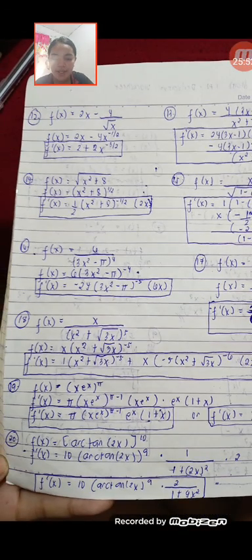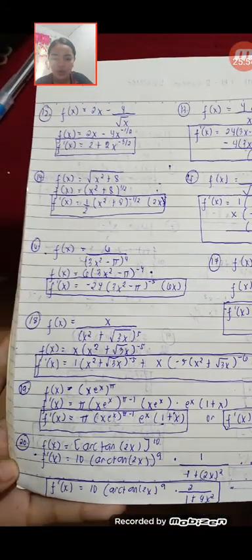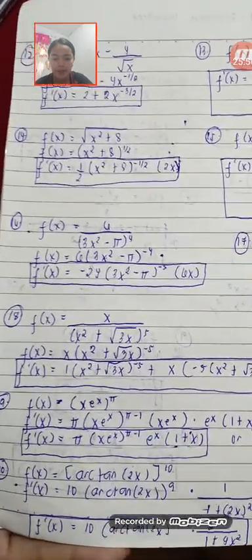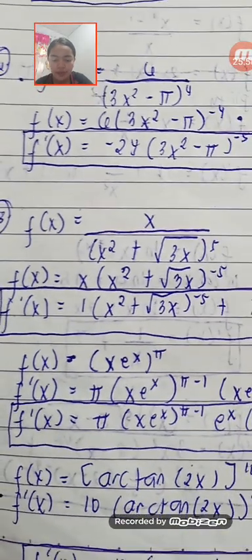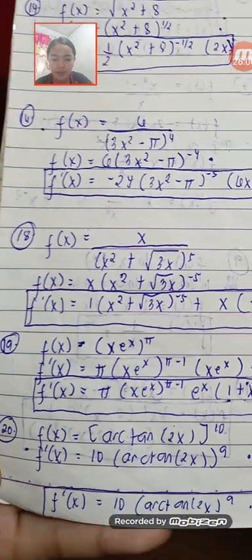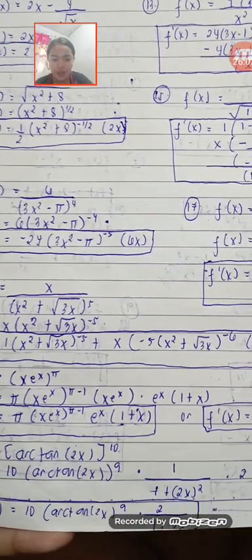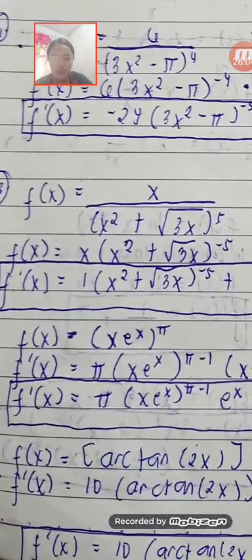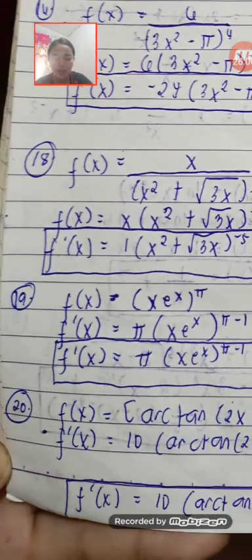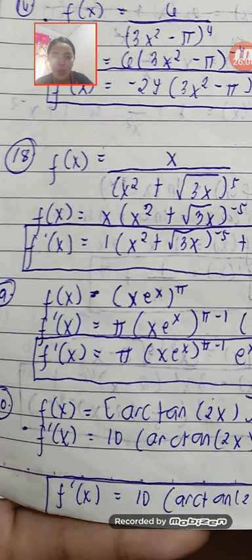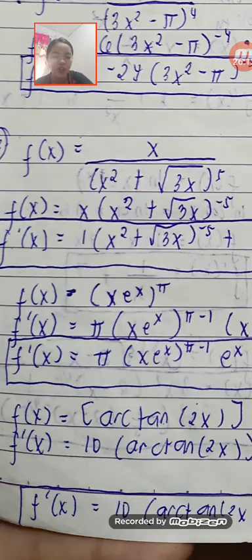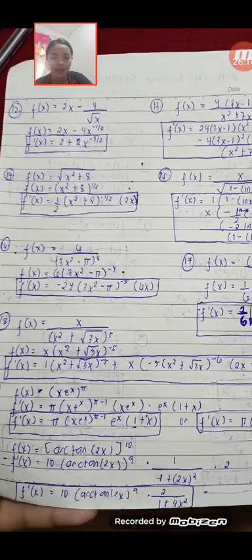So the same thing goes with this one. In this part, we just need to use the chain rule. So in using the chain rule, we come up with this. You just need to bring down the exponent, which is the pi, copy the inside function, and pi minus 1.